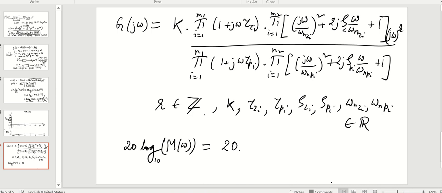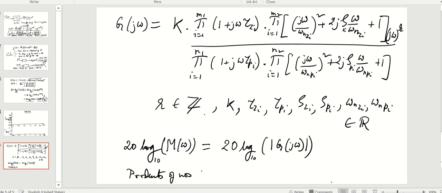So that's something like this, log. All right, so now you see the point here. Products of numbers are equivalent to sums of their logs.